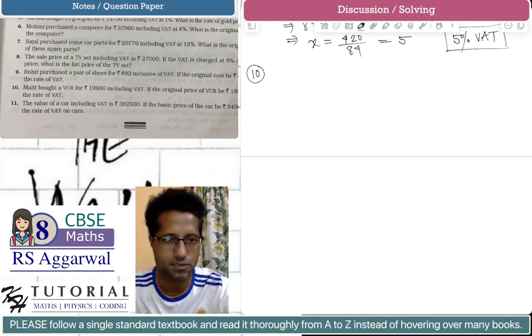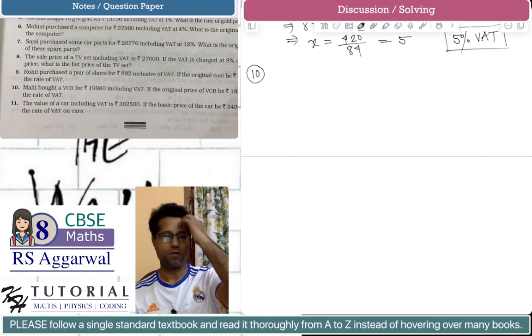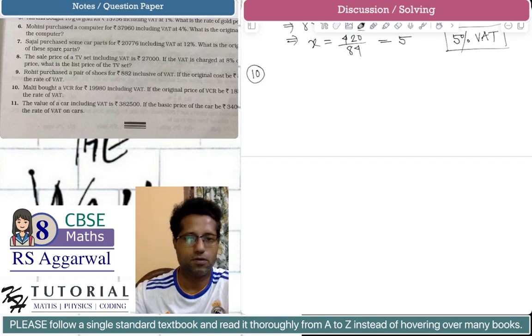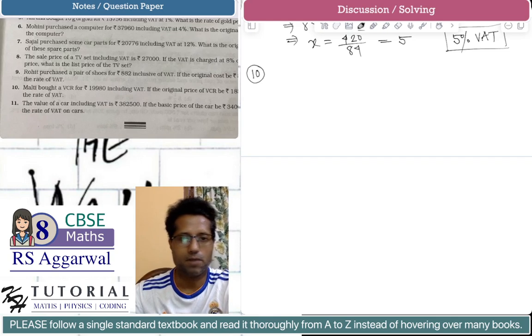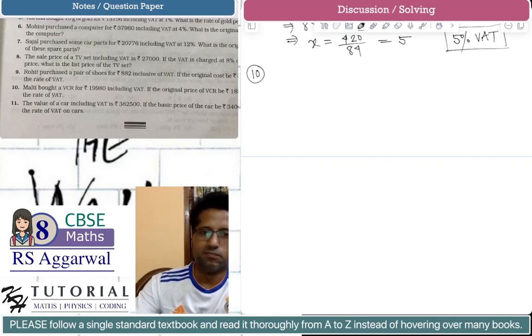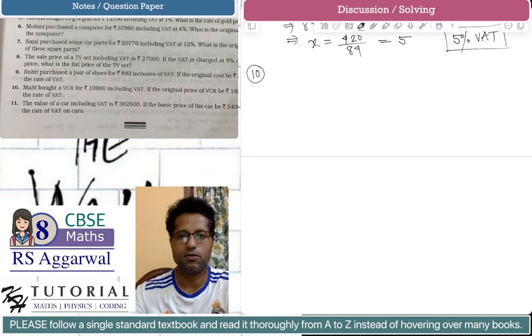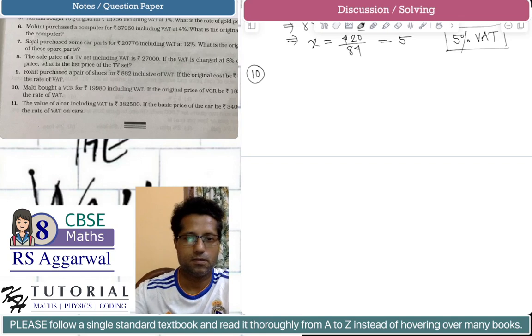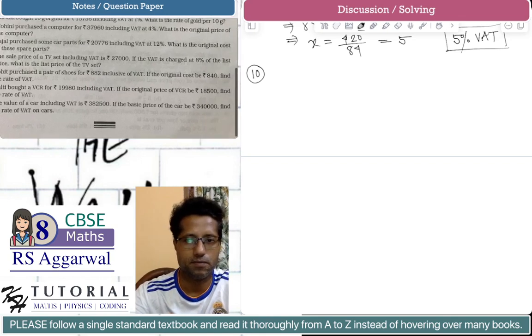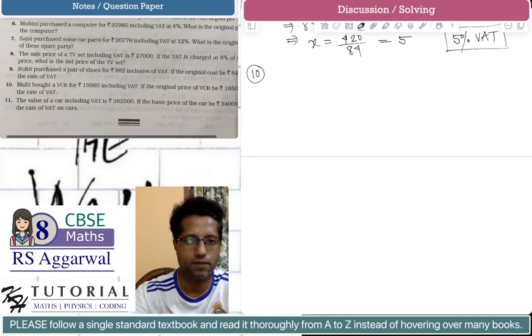So this problem is exactly similar to problem number 9. So what we are having is, Malti bought a VCR for rupees 19,980 including VAT, and if the original price of the VCR be rupees 18,500, find the rate of VAT.